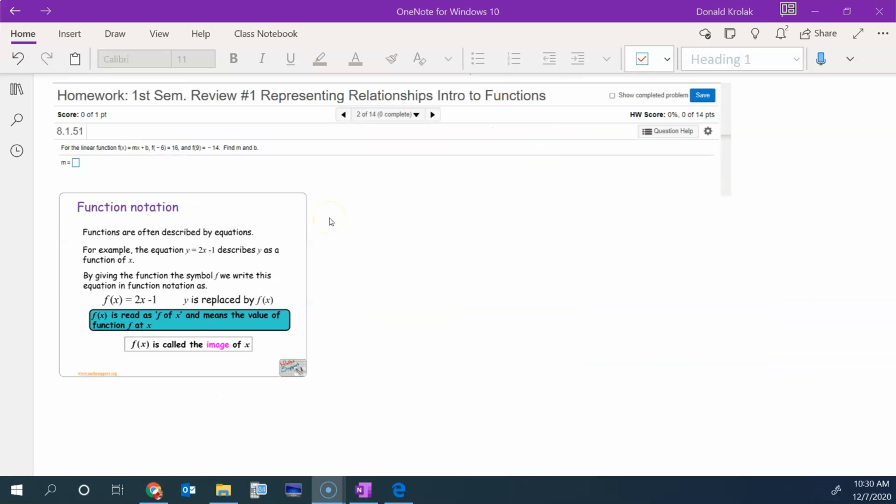All right, for the linear function f of x equals mx plus b, we're told that f of -6 equals 16 and f of 9 equals -14. And then the question says find m and b.